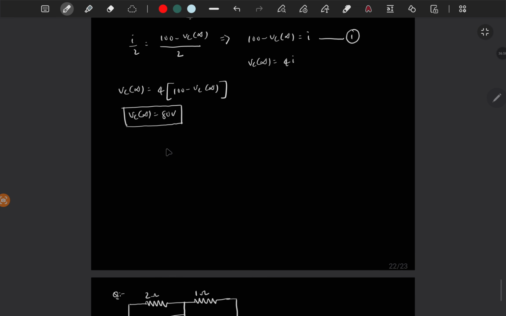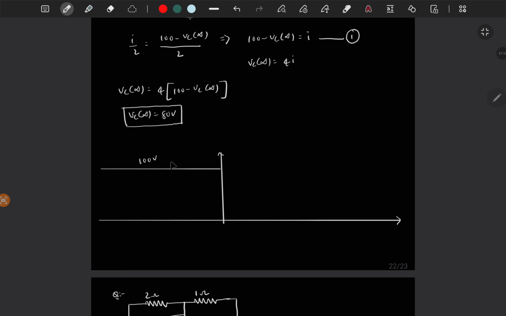It means, let me draw the waveform for t less than 0 also. We are applying the input voltage as 100 volt. So this is Vin.